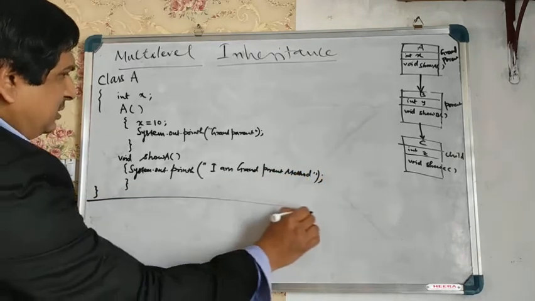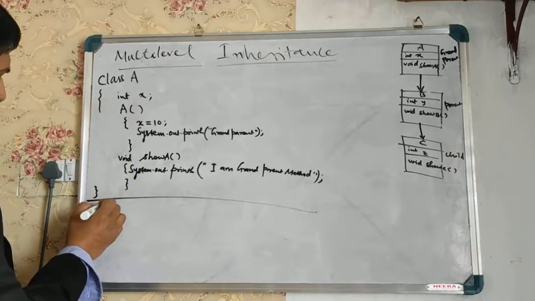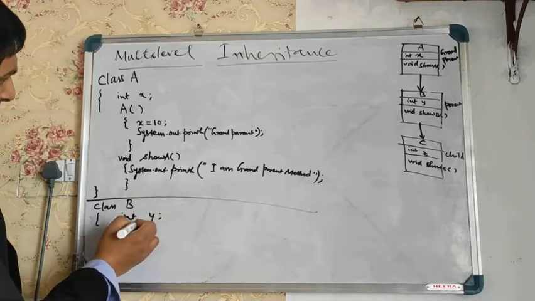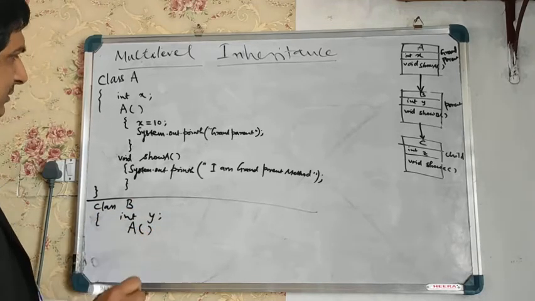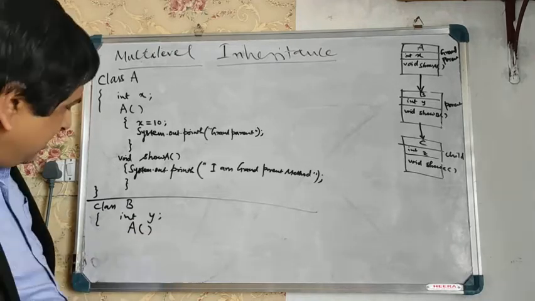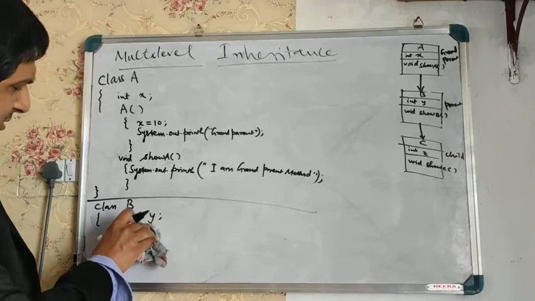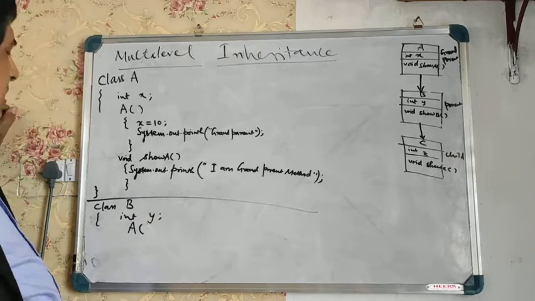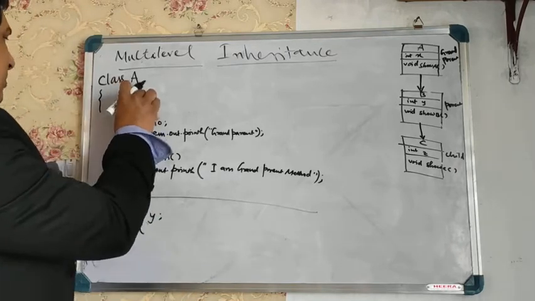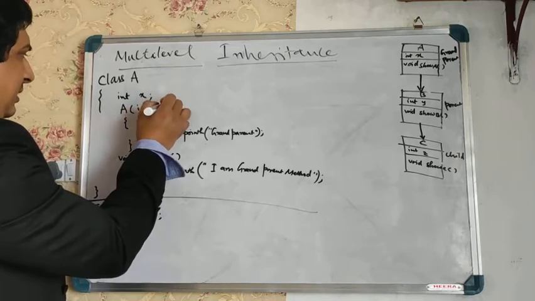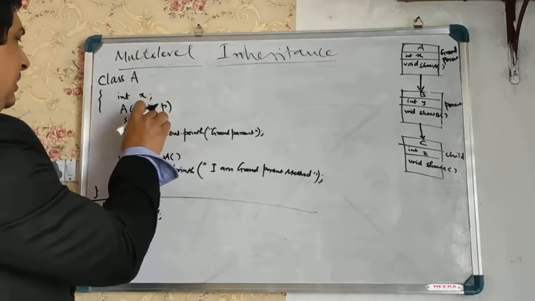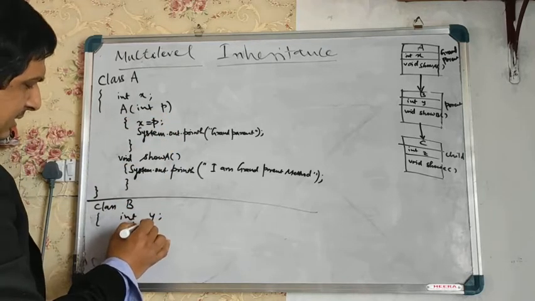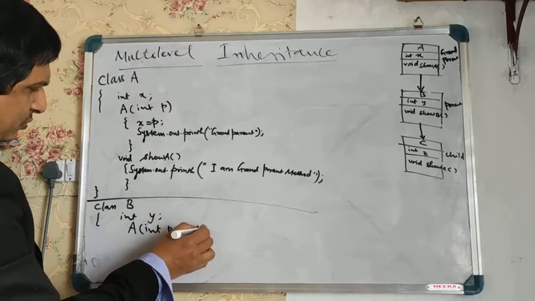So this is the one class we have defined. Now we are writing another class, class B. Within that I am defining int y, and within the constructor I am making a small change over here: int p, int q.